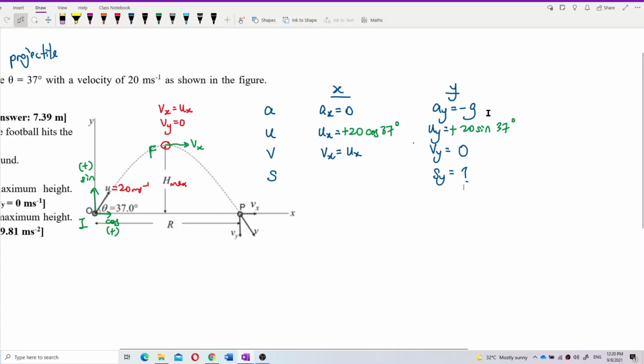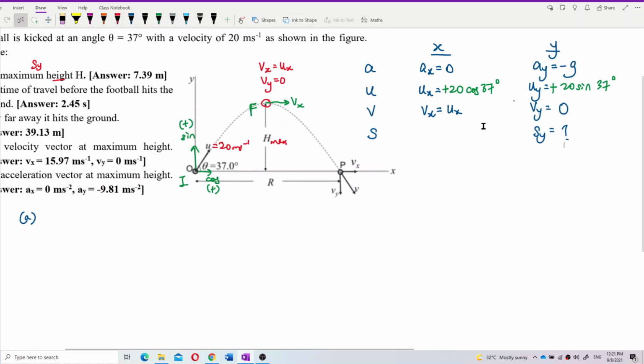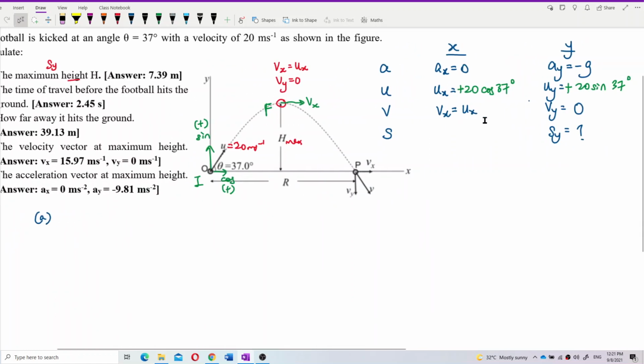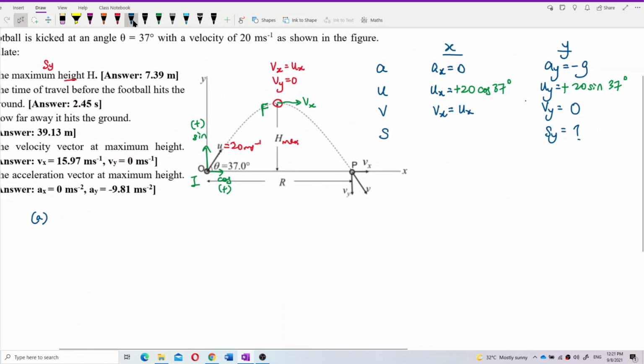Yes, definitely, because we already have three known values: a, u, and v. We can find the fourth unknown by using only the y components. So let us do part A with only the y component.